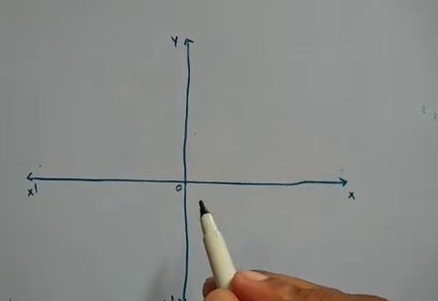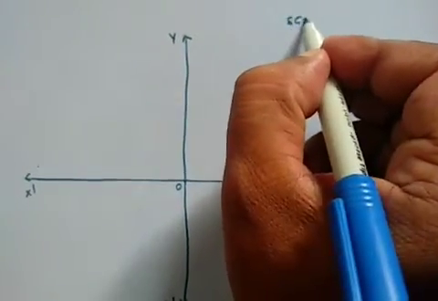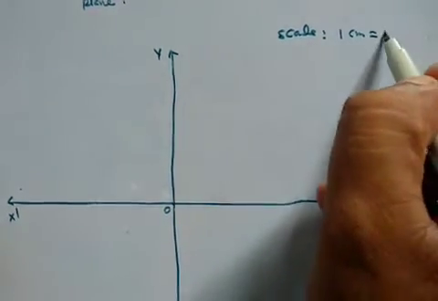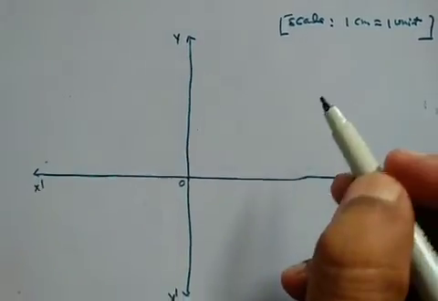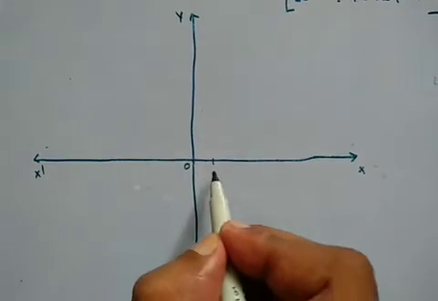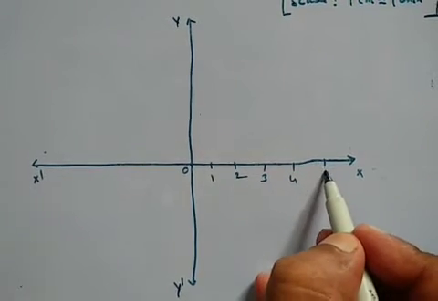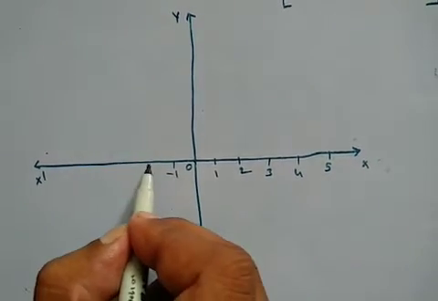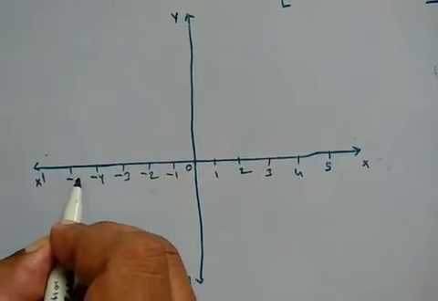For our convenience, we take a scale of 1 centimeter equal to 1 unit. Now we write numbers on the number line: 1, 2, 3, 4, 5 and so on, and on the left side -1, -2, -3, -4 and -5.